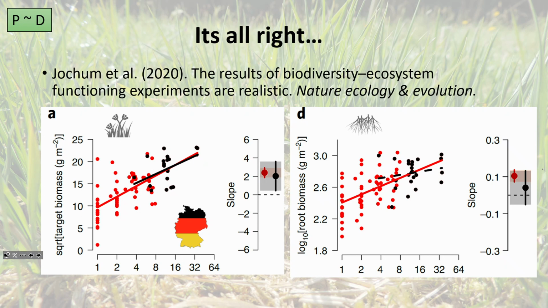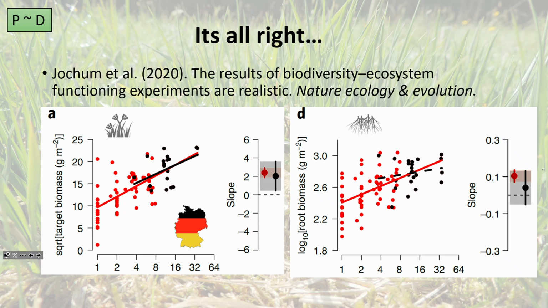However, there was a study of Jochum et al. 2020 showing that it's all fine, because they compared the results from BF experiments, that's the red dots, with black dots, which are some real field studies, showing that the results are not differing if you compare them with real world studies.